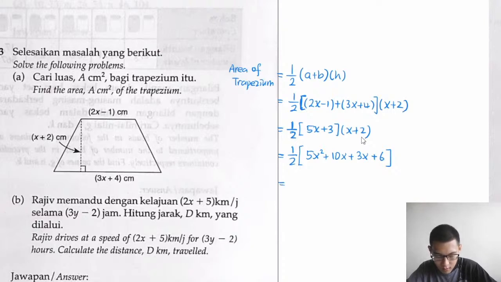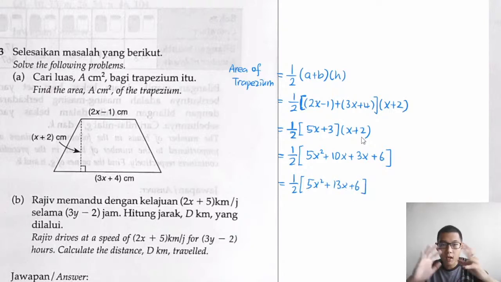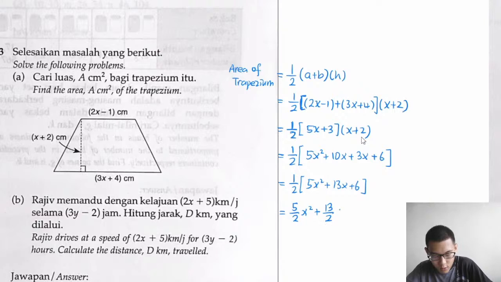So now we have it like this. Simplify it, we have 5x squared plus 13x plus 6. If you want to open the bracket again because we want to find the area, we have 5/2 x squared plus 13/2 x plus 3. So it's the final answer.